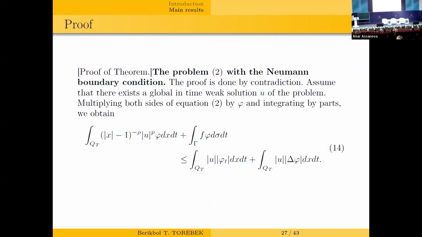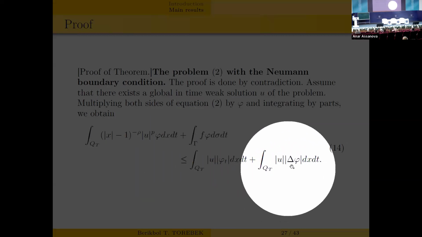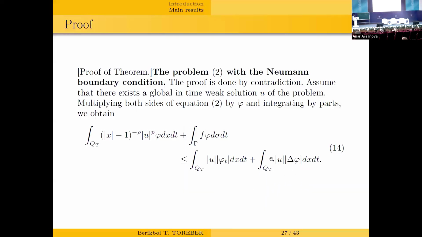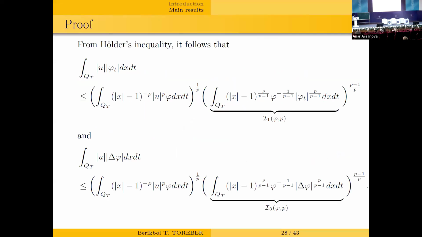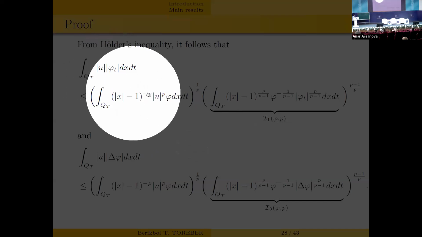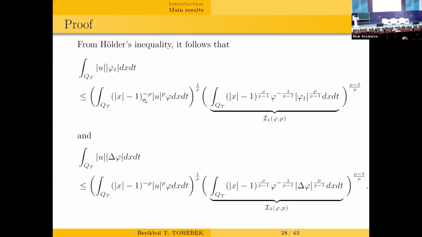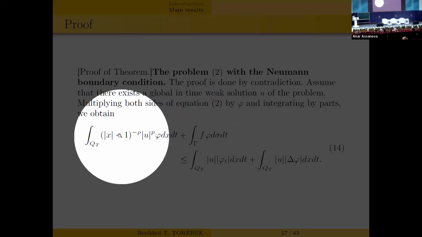And now let us prove our theorem in the case of the Neumann boundary condition. We multiply our problem by the test function phi, and integrating by parts, we obtain this kind of inequality. We can use the Young inequality on the right-hand side of inequality 14. Then we have this term, which is the same as the nonlinearity part of our differential integral inequality.